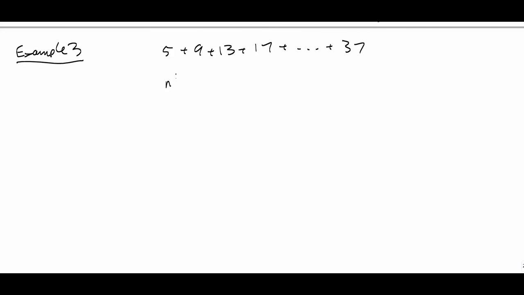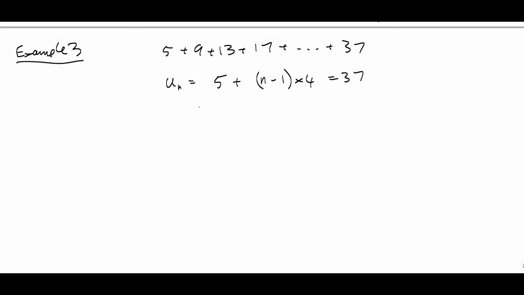The nth term, or un, would be, in this case, well, the first term is 5 plus n minus 1 d. Well, we don't know n, so it's n minus 1 times d, and the difference is 4. And the nth term we know is 37.